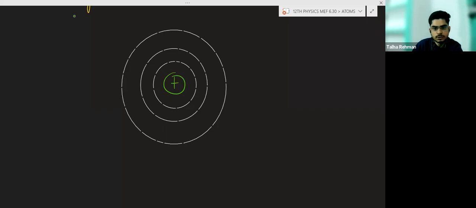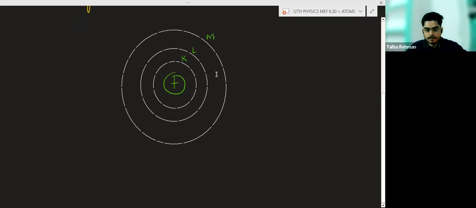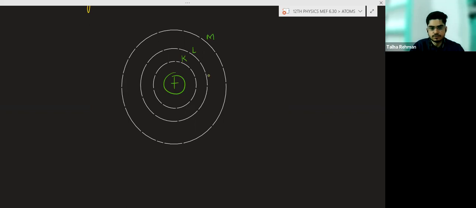This is the K energy level, this is L, this is M. The energy of the K energy level is minus 13.6 electron volt. For the L energy level, the energy is minus 3.4 electron volt.